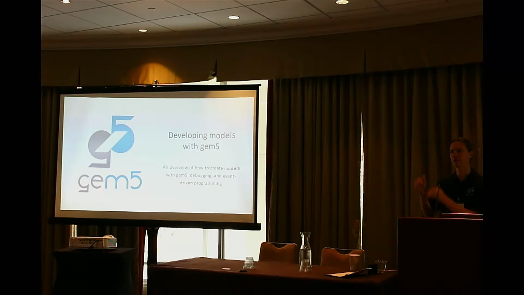But now we're going to talk about how to create those models in gem5. I'm going to go over a couple of examples of creating some very simple models. These models aren't going to be particularly interesting. They're not going to really do anything, but it'll give you an idea of the APIs that you might need to use when you're creating your own models from scratch.